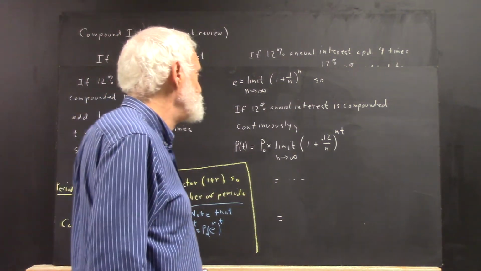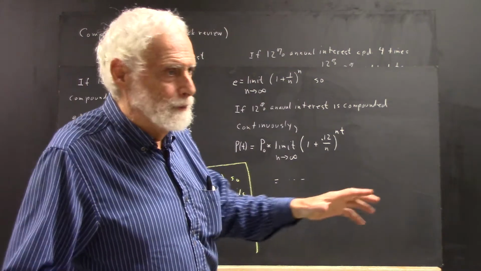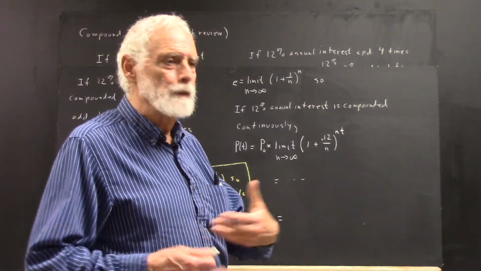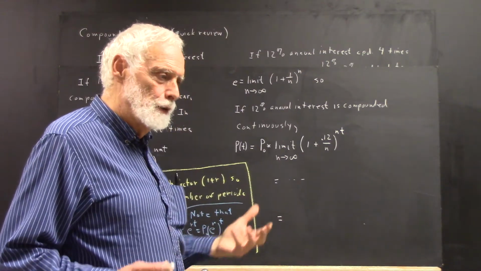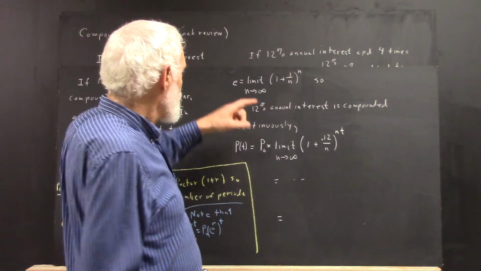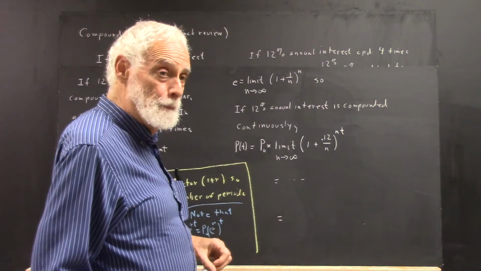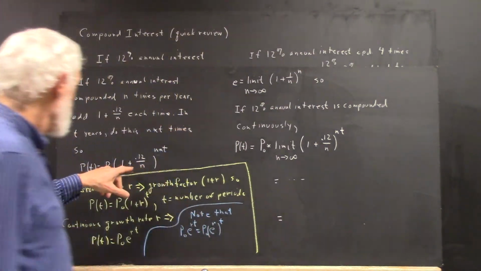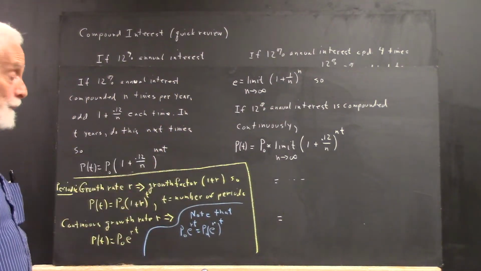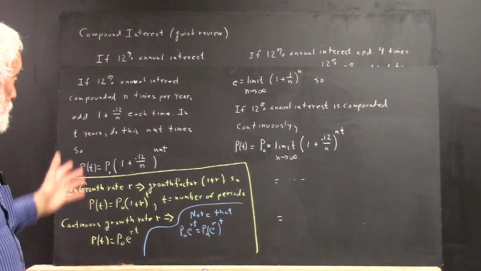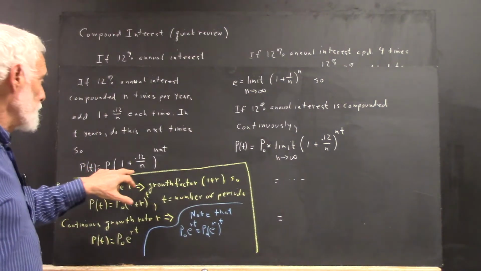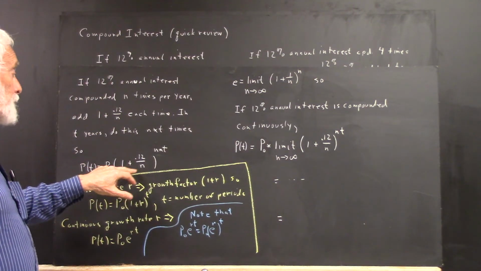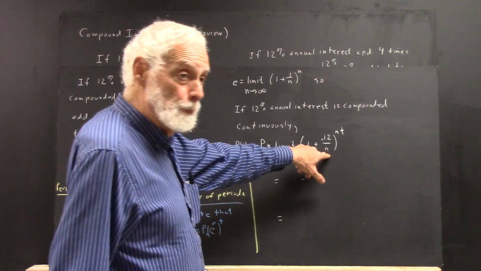Now, you could ask, well, what if we just compound every instant? Okay, well, you can't really compound every instant, but you can take a limit. As n approaches infinity, what does this approach? Okay, well, if you're going to compound continuously, you're going to have an expression very much like this, except you're going to let n get bigger and bigger.